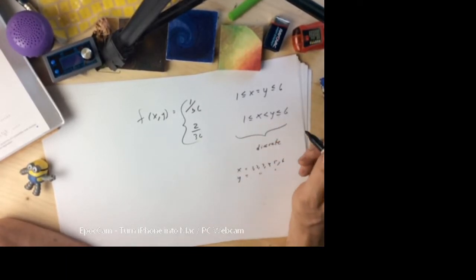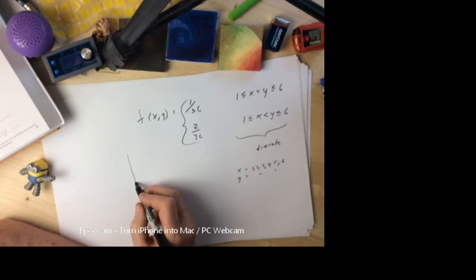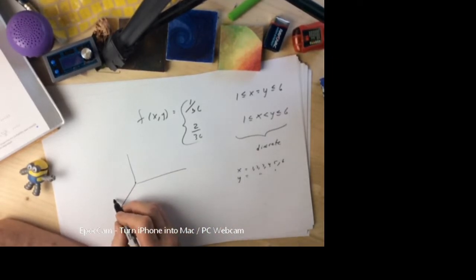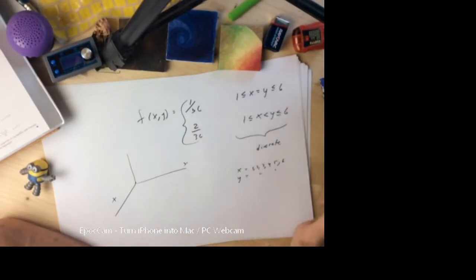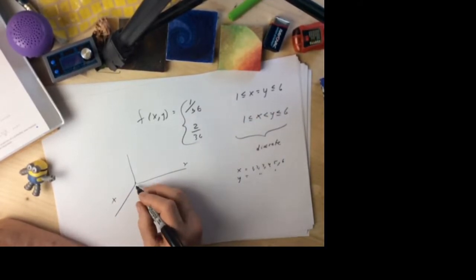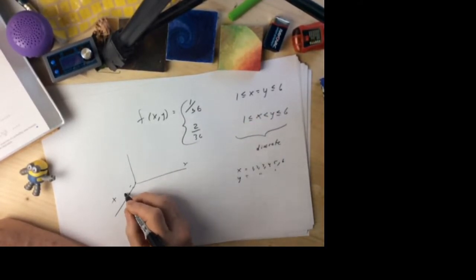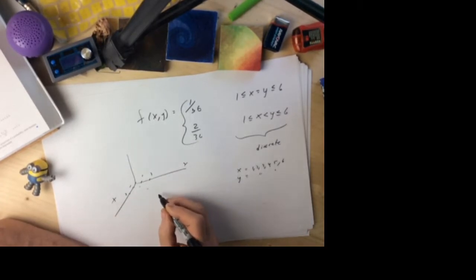Now, we can plot these values, and I kind of like plotting these values on a three-dimensional graph. Here's your x's, and here's your y's, and then you can put a little box column up there. And so where the x's are equal to y, I'm going to start at 1, 2, 1, 2, go along here.